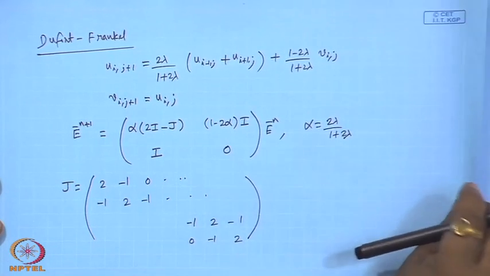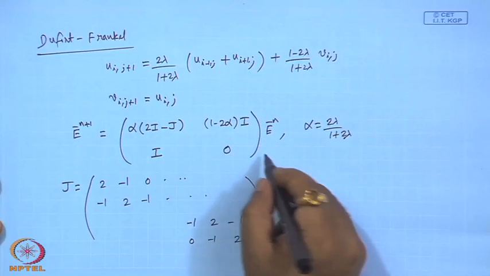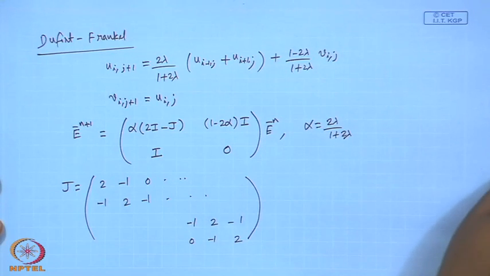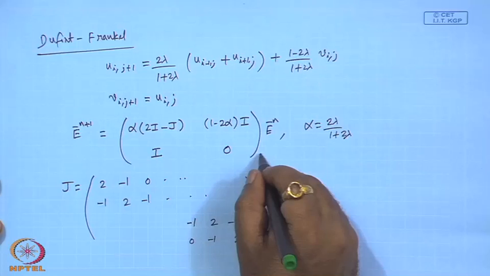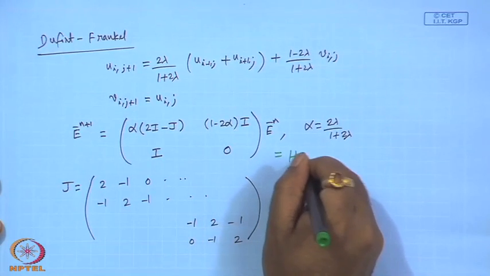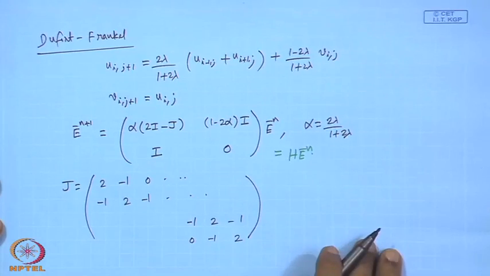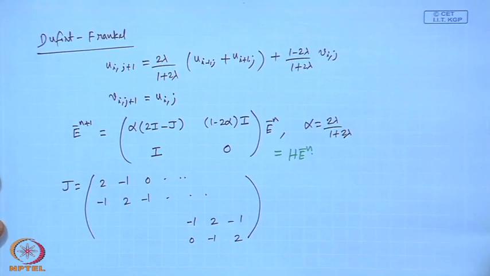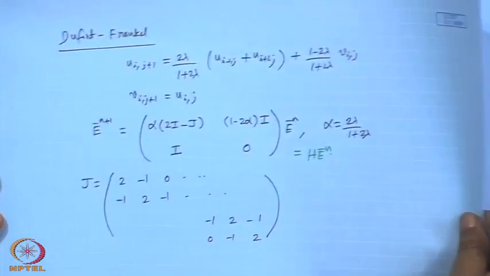Now, this is our H. So, this further can be written as H E n. We need to compute the eigenvalues of H.